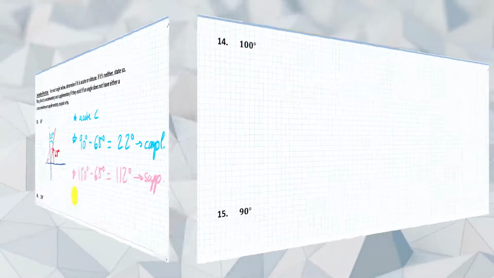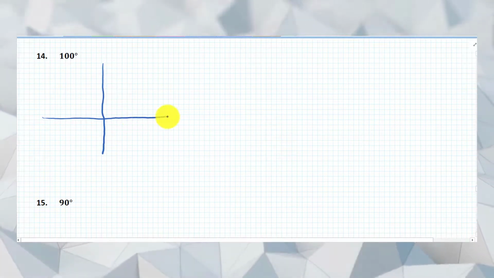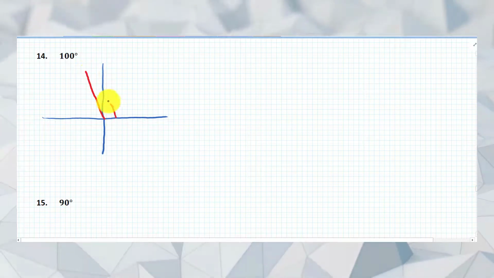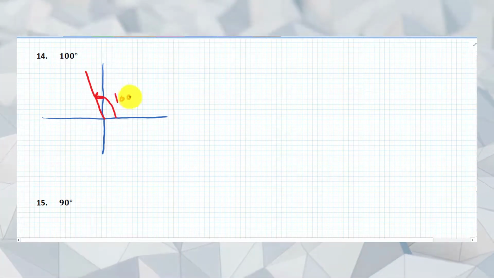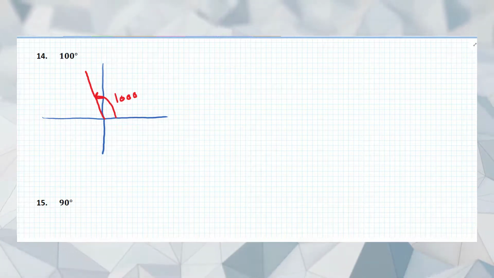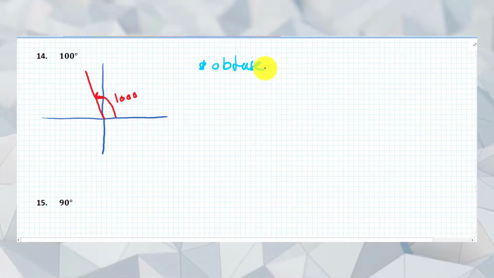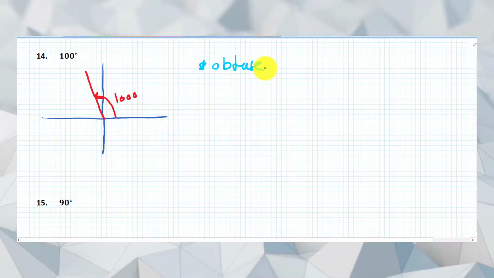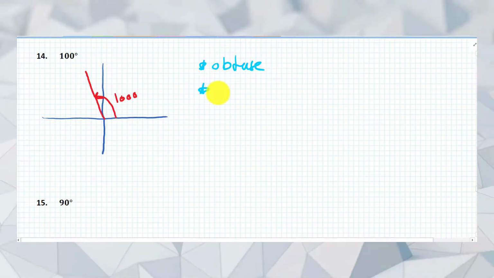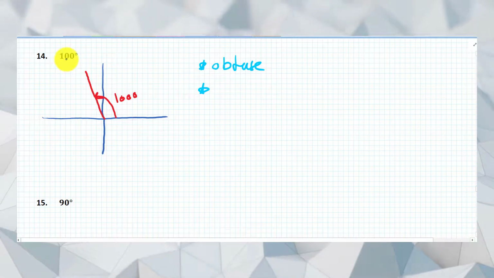Next example. Okay, this time I'm giving you 100 degrees. So where's 100 degrees? The angle 100 degrees is somewhere here, right? It's past 90, right here. So this angle is not acute, it is an obtuse angle. Its measure is between 90 and 180. Does it have a complementary? No, it doesn't have a complementary because there's nothing you can add to 100 to find 90 degrees, right?